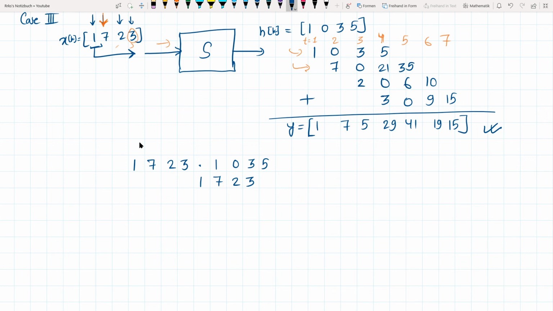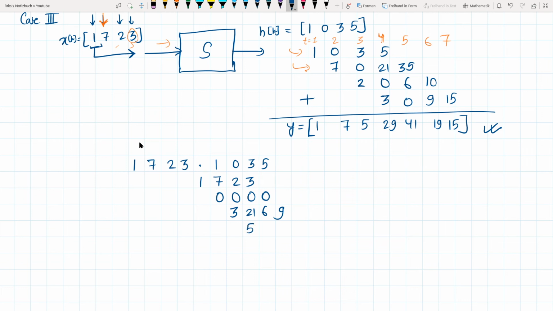Now you multiply 0 with all the things here, so it would be a bunch of zeros, but 1 second later, because we are delayed by 1 second. Then you multiply with 3 just a second later. 3 times 1 is 3, 3 times 7 is 21, 3 times 2 is 6, and 3 times 3 would be 9. And you do the same thing with 5 just 1 second later.